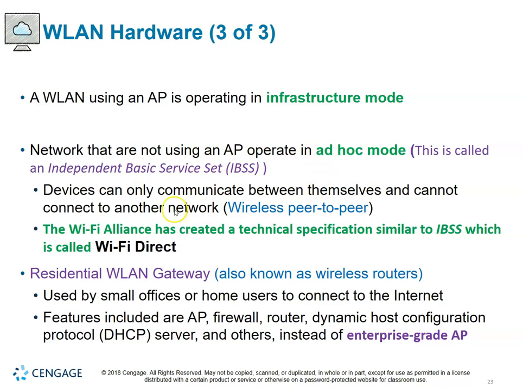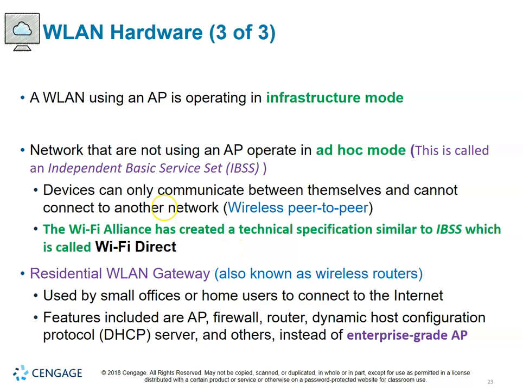So that has really kind of limited capability, but it does serve a purpose. There's also a similar technical specification that's been produced by the Wi-Fi Alliance called Wi-Fi Direct to handle this type of wireless peer-to-peer communication.